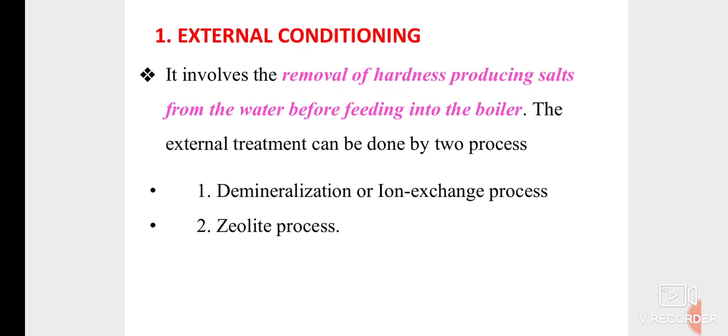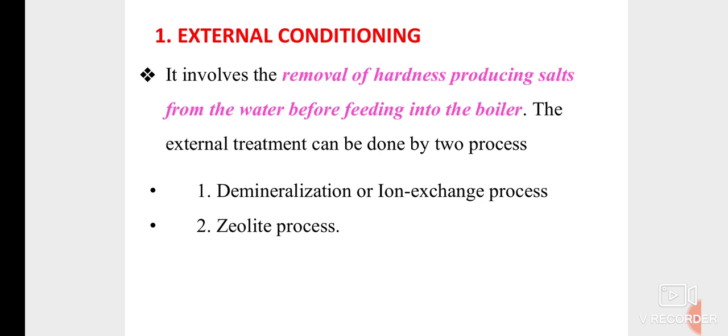Now, what is external conditioning? What are the different methods we use for external conditioning? It involves the removal of hardness producing salts from the water before feeding into the boiler, that is called external treatment. The external treatment can be done by two methods.